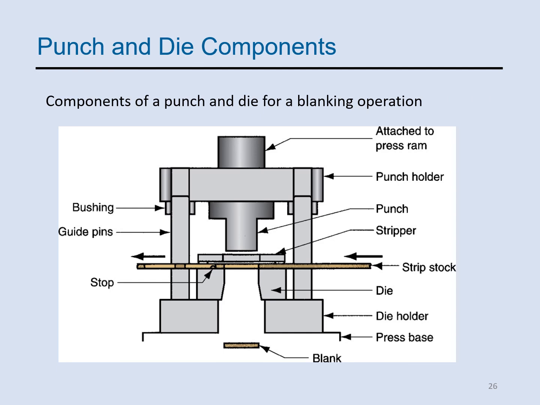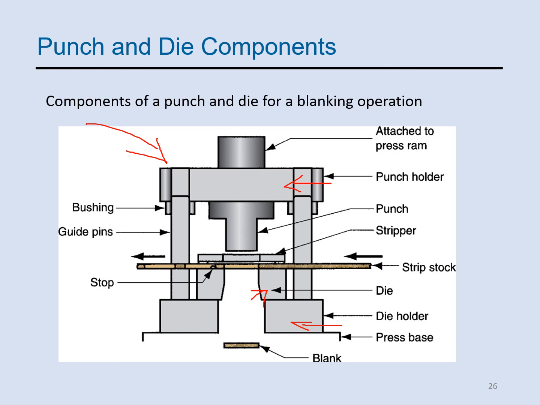Like this machine, as you see, it is used for metal forming processes. It has punch and die components. This component is the die, and we have a die set. The lower portion is the die holder. The upper portion is called the punch holder.